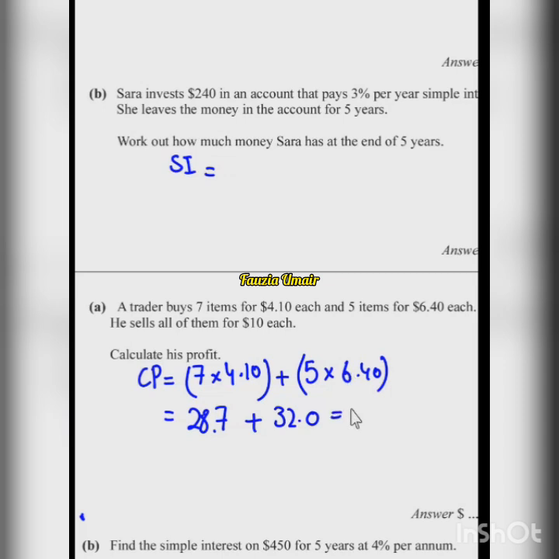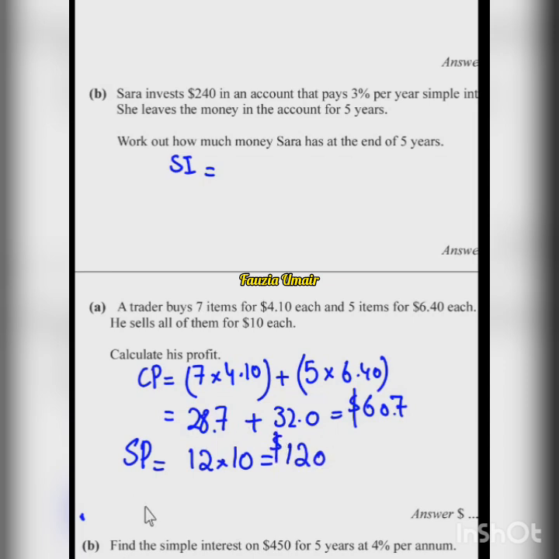So the total cost price, the money spent in purchasing these items, was 60.7. Now what is the sale price? It does not matter which item we are taking. He's selling all of them at $10. So the total sale price is $120.